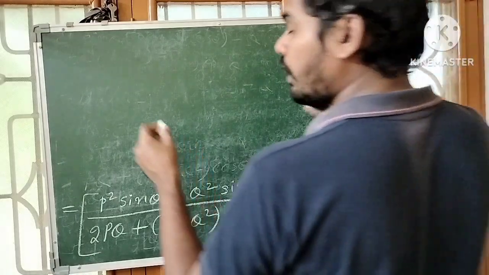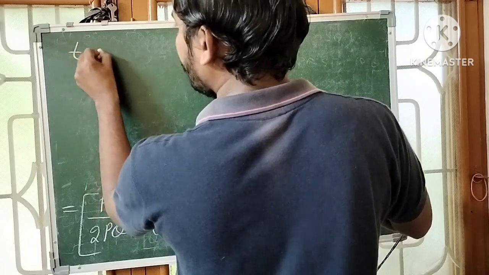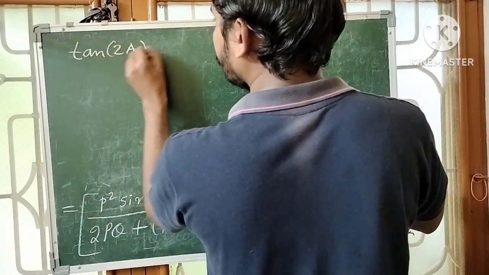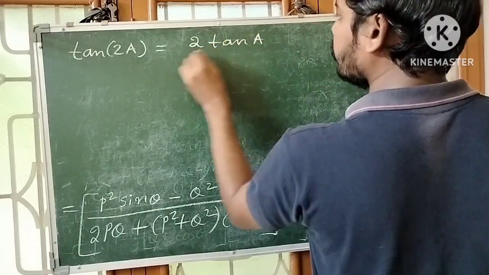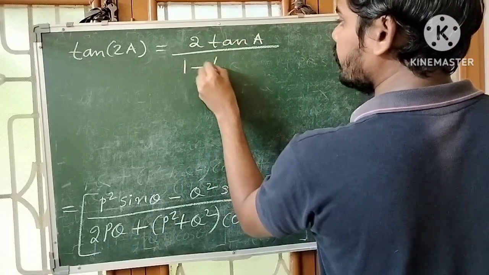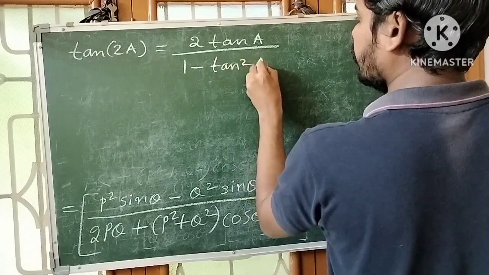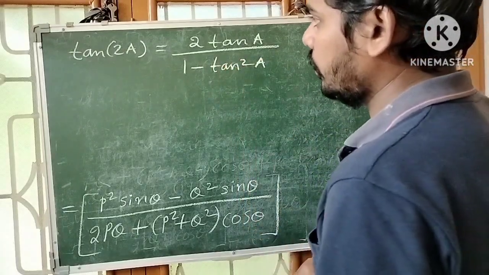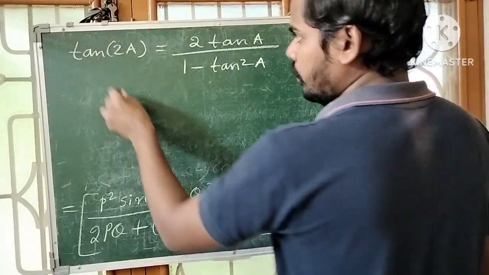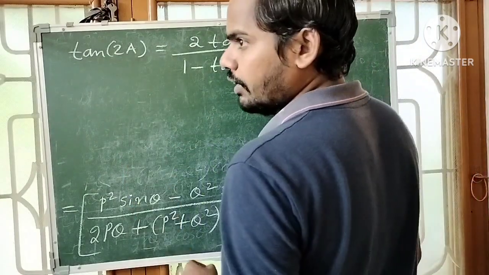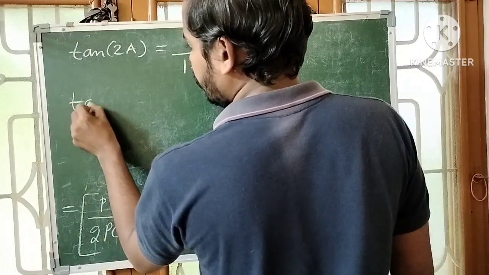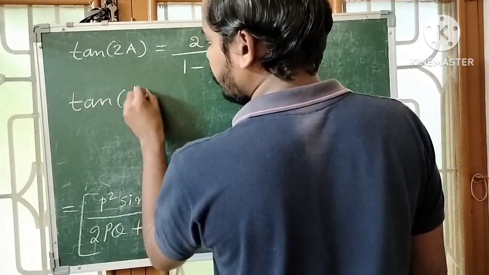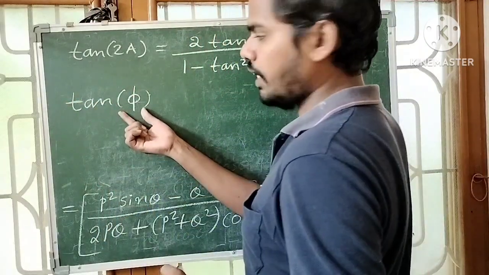Before that, in multiple angles, tan 2a is equal to 2 tan a by 1 minus tan square a. In case of submultiple angles, suppose I consider angle phi.